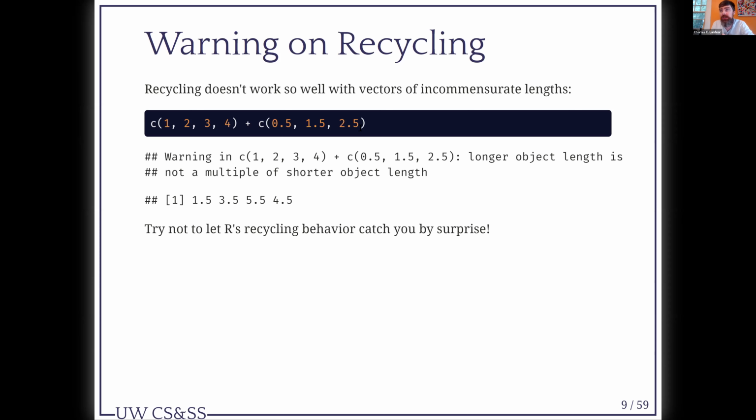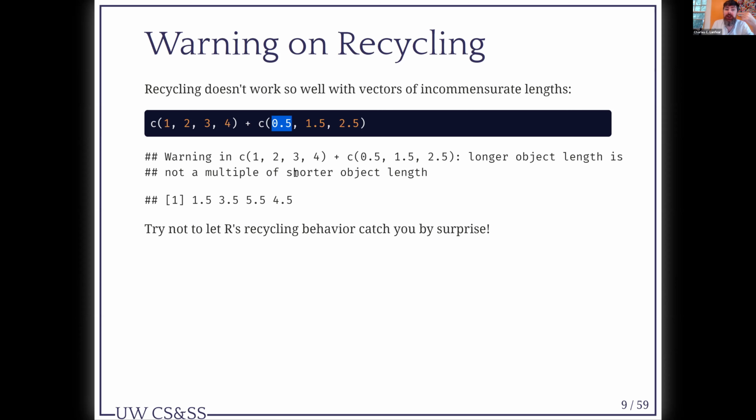It's going to give a warning like this: warning in 1, 2, 3, and 4 and 0.5, 1.5, 2.5, the longer object length is not a multiple of the shorter object length. But it will still produce a result. The result is slightly strange, because what we get is 1 plus 0.5, 2 plus 1.5, 3 plus 2.5, and 4 plus 0.5, because it wraps around to that one. This is what R will do.